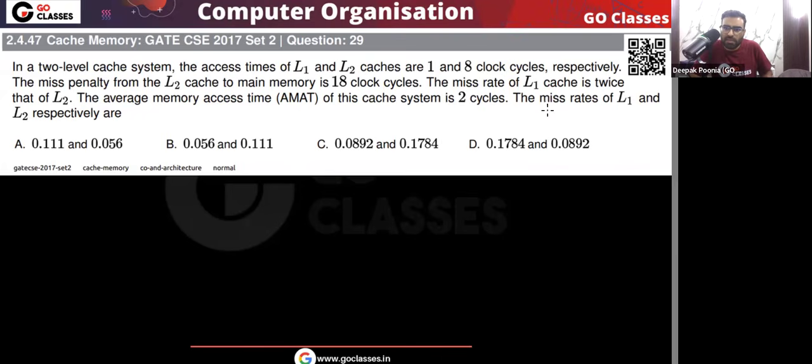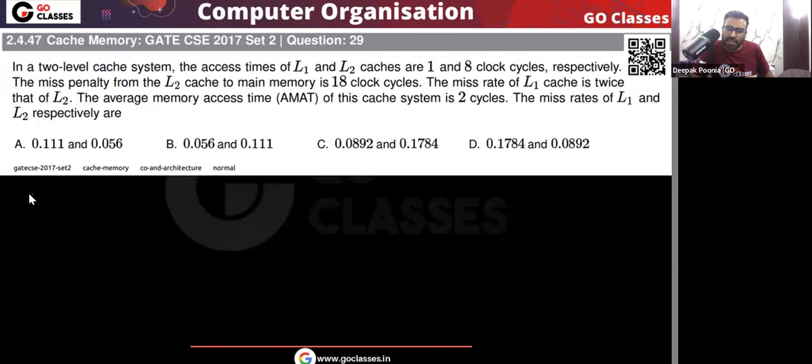The information given is that the miss rate of L1 is twice that of L2. So you can assume the L2 miss rate or the L1 miss rate, anything.